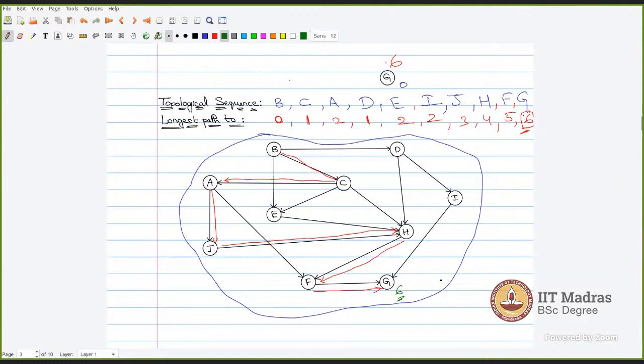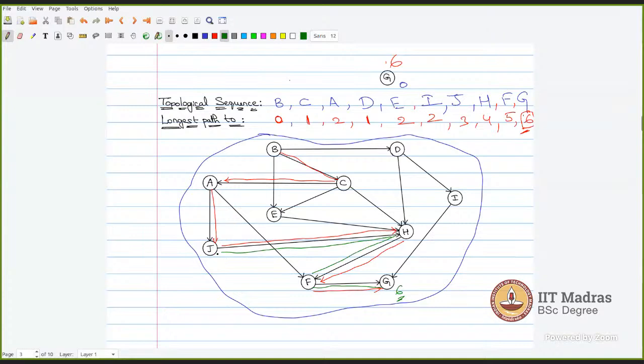How to draw this longest path? See, you can draw this longest path by taking the vertex which has the highest red number. 6 is the highest number we have. From 6 you traverse back to 5. Which has 5? F. So you go back to F. From F you go back to 4, H. From 4 to 3, J. From 3 to 2.